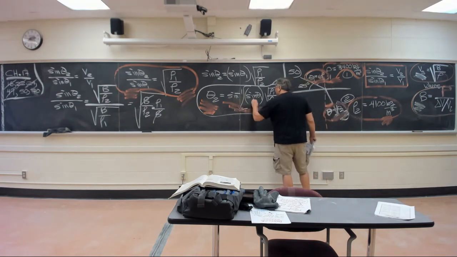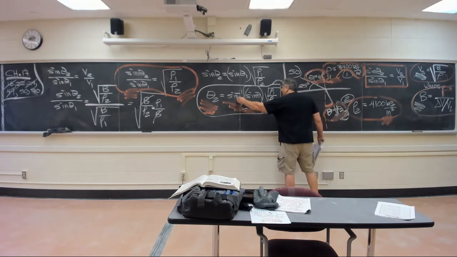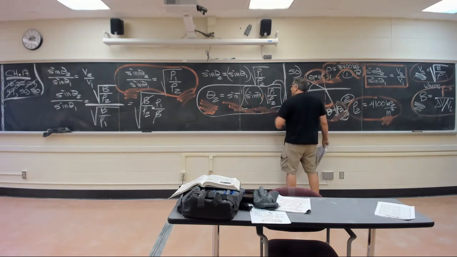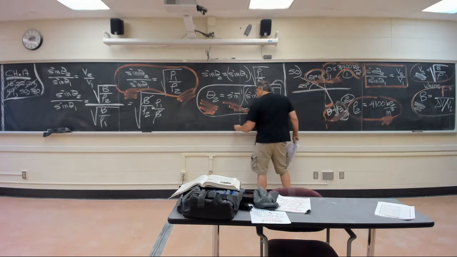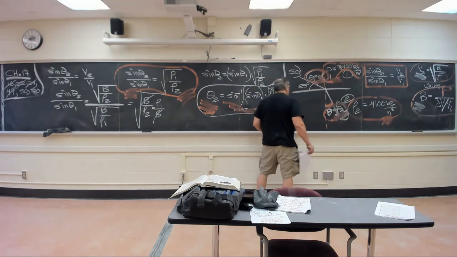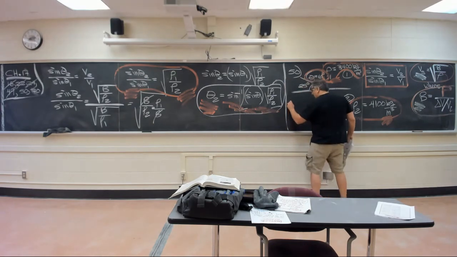The inverse sine of the product of the sine of 65 degrees and the square root of the ratio 3,400 divided by 4,100. Man, that's easier done than said, to be sure, guys. Let's write it right here.